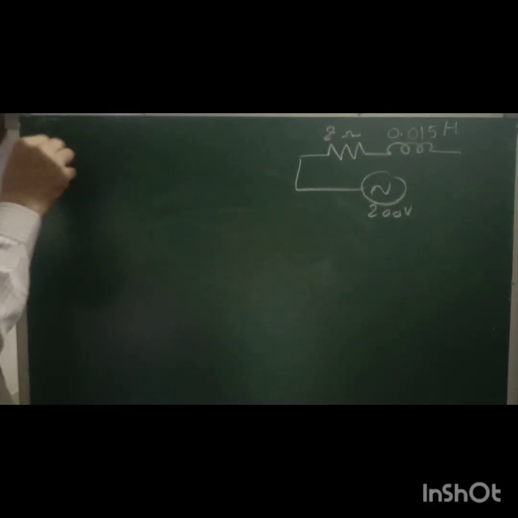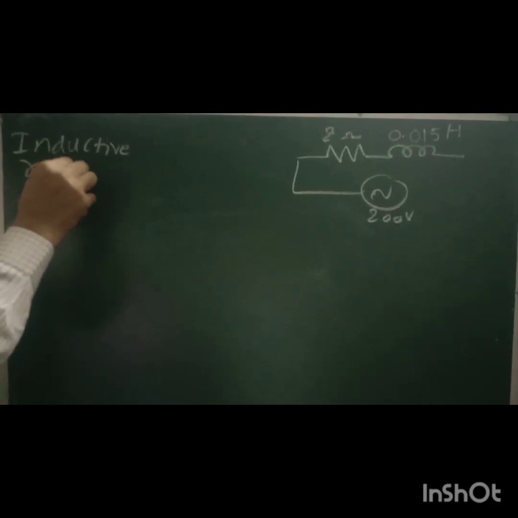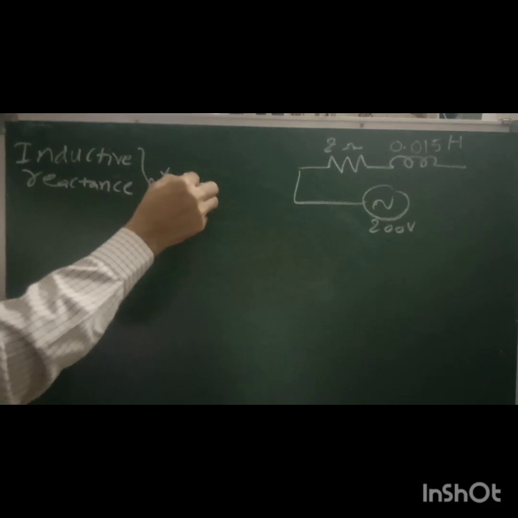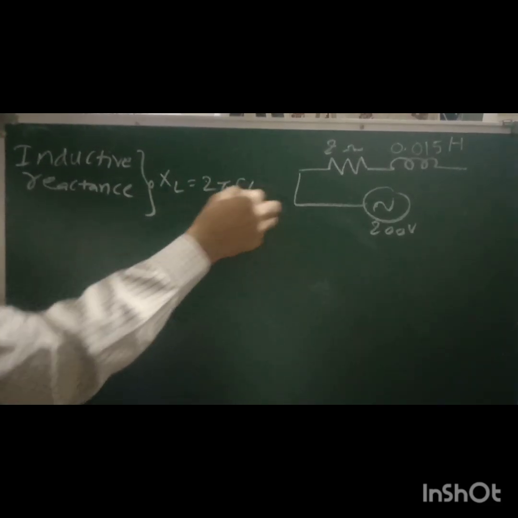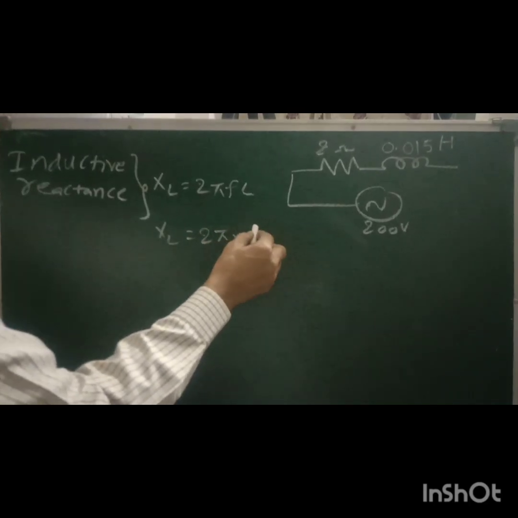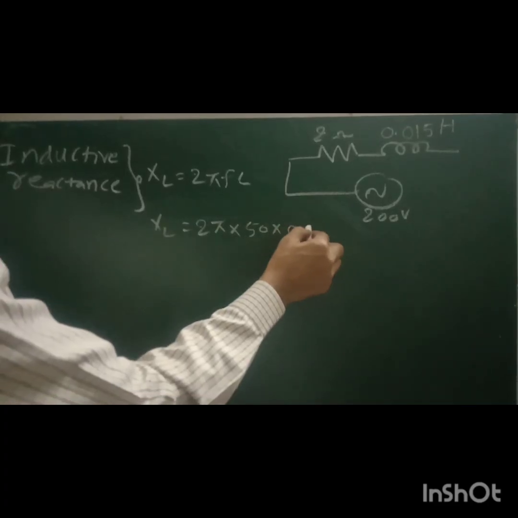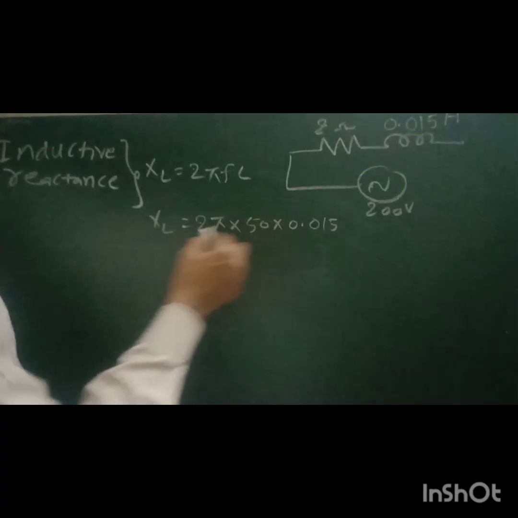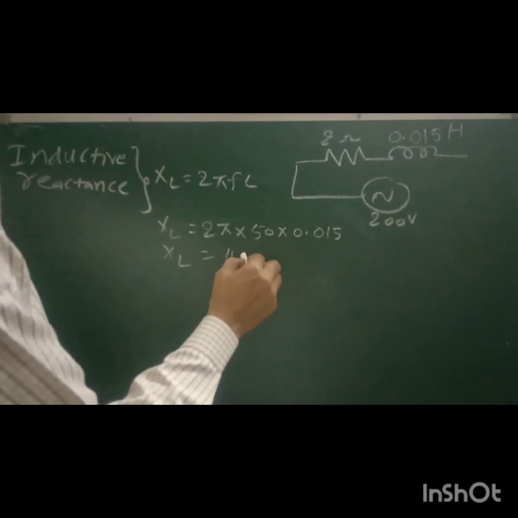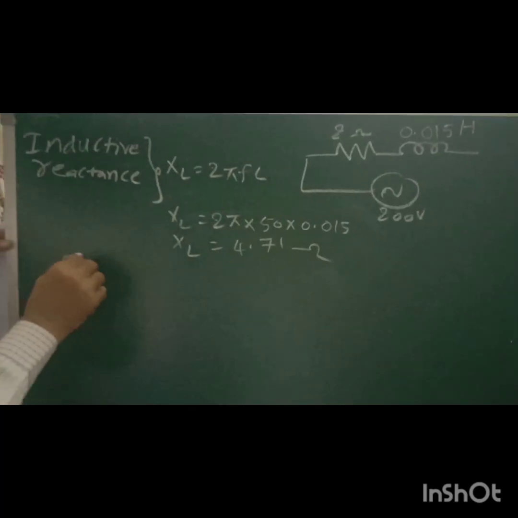Inductive reactance is represented by XL is equal to 2 pi f L. So XL is equal to 2 pi, what is f here? Frequency, 50. L is 0.015. That implies XL is 4.71 ohms.